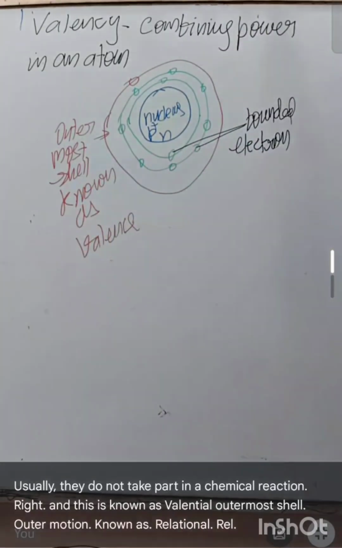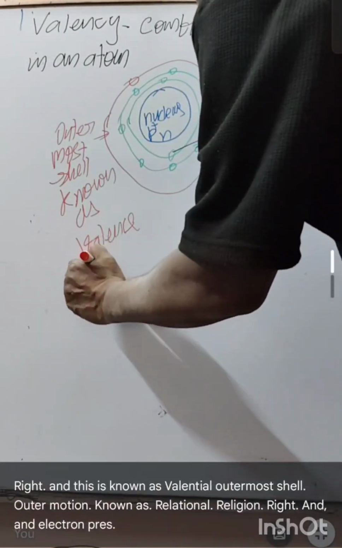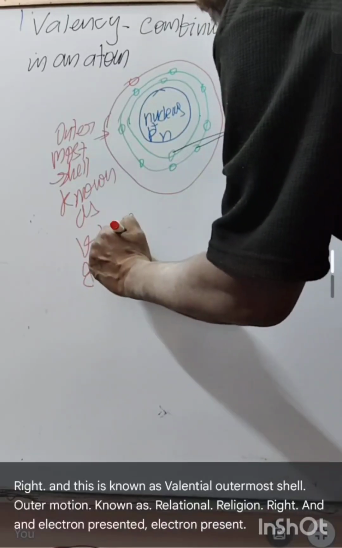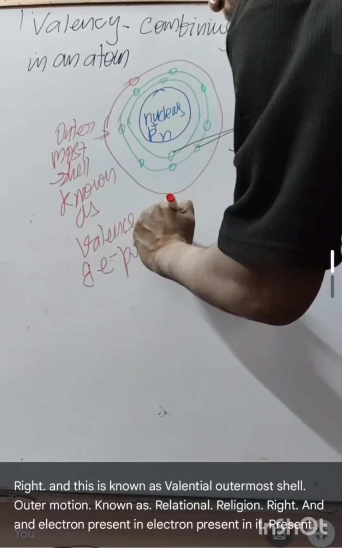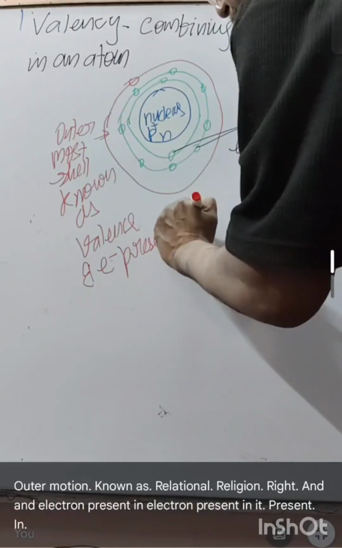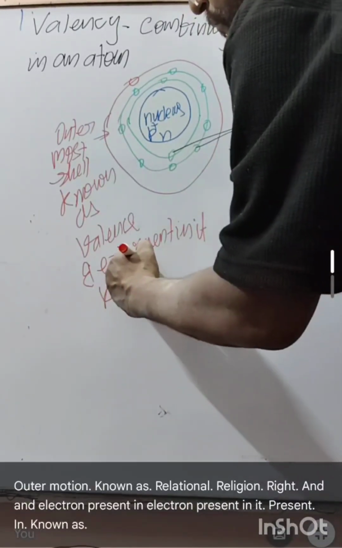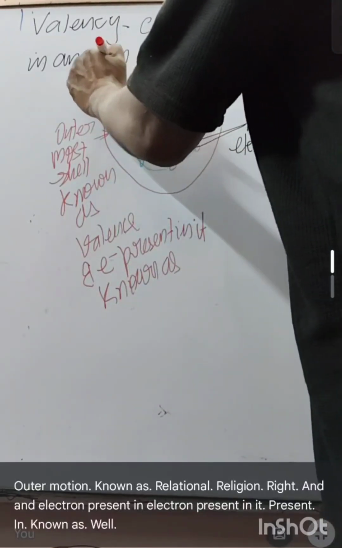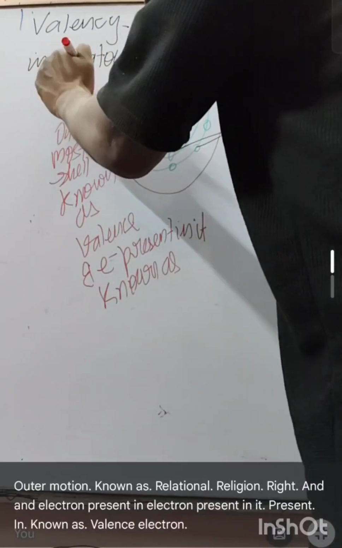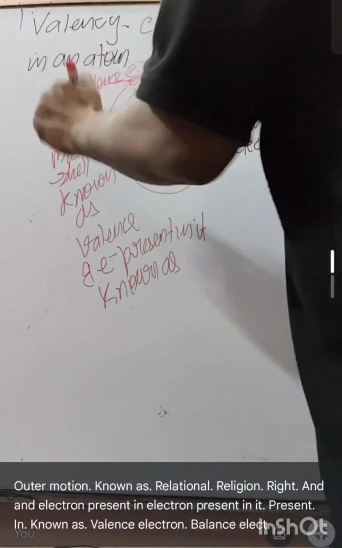Valence shell, right? And an electron present in it is known as a valence electron. Valence electron, right?